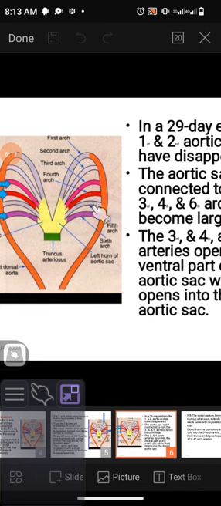This aortic sac in the future will still divide, and you'll see what it gives rise to and why this sixth aortic arch has to open dorsally, not ventrally like the third and fourth aortic arches.